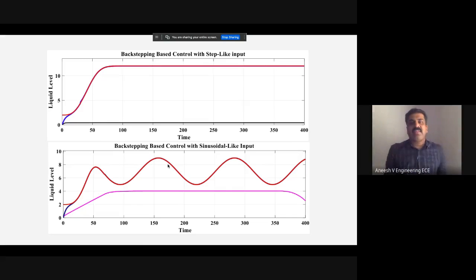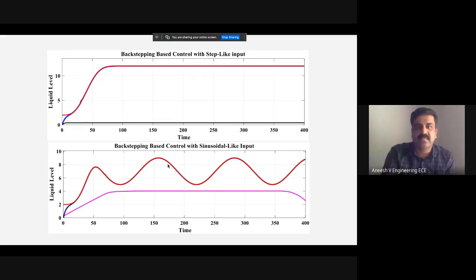This is the main and utmost advantage of this system: reference tracking. If the controller and Lyapunov functions are right, our system will follow the reference at the earliest with no disturbances and no errors. It's something like an adaptive system.